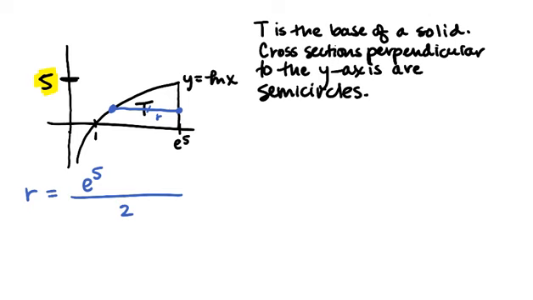I have y equals, so I need to solve for x and get it in terms of y. So if y equals natural log of x, I'll take e to both sides power, and I'll say e to the y is e to the log x, which is just x. So right minus left will be x equals e to the 5 minus x equals e to the y.